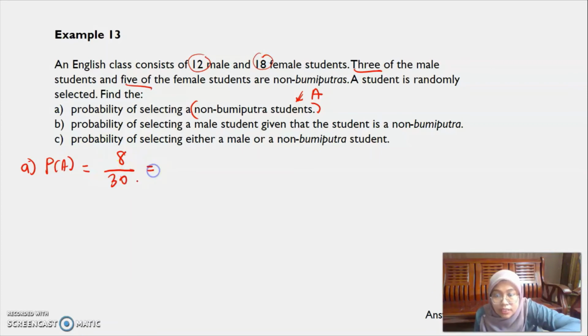So 8 over 30. We can simplify this into 4 over 15. So this is the probability of selecting a non-Bumi student.